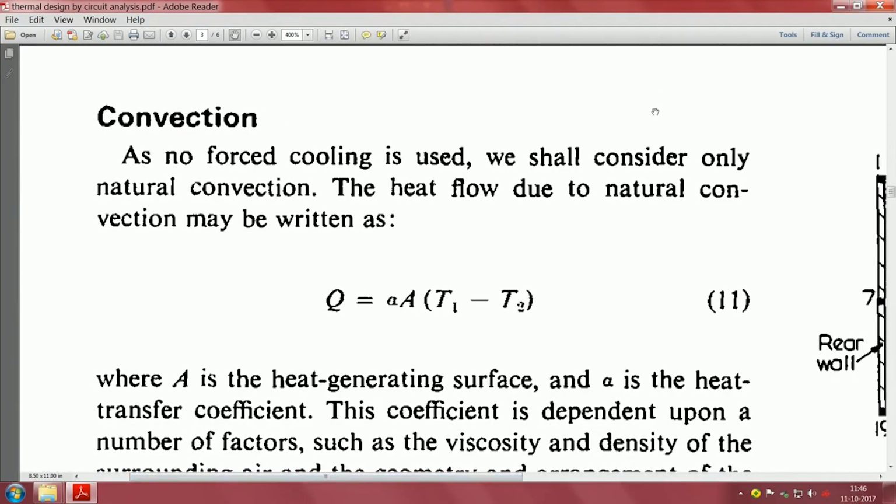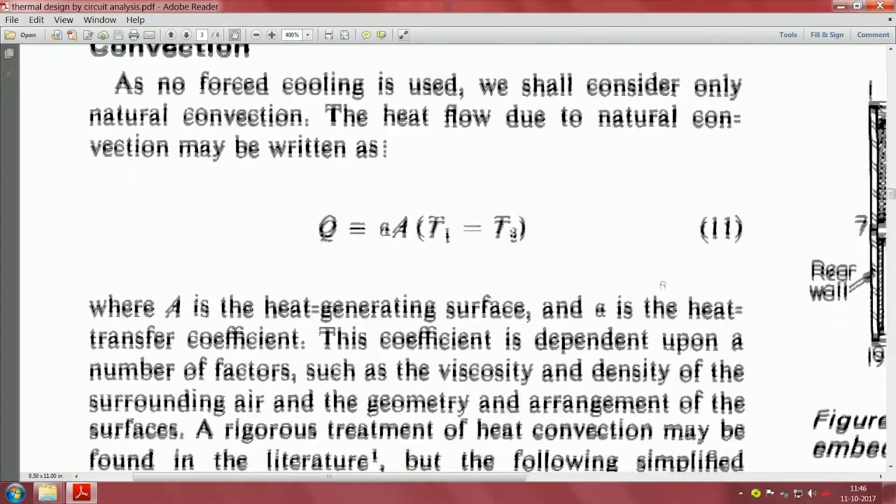The next page shows that after finishing conduction and radiation, we come to convection. In the same way, we shall consider only natural convection, where the heat flow is due to natural effects which you have come across last time.